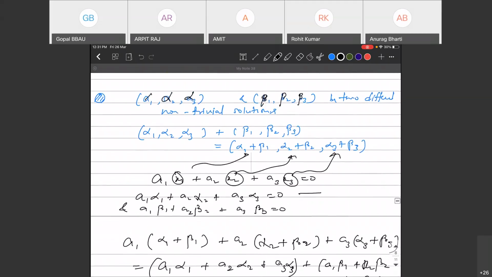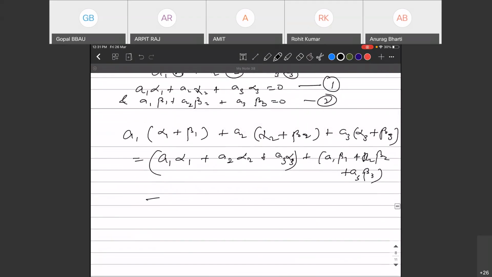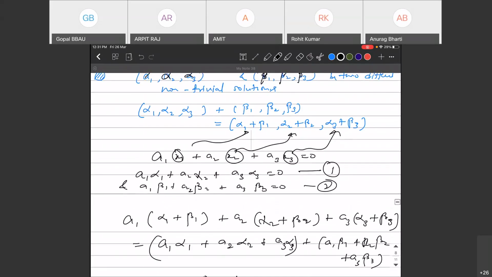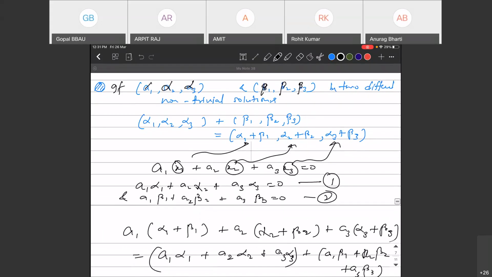From here, this part is 0, this part is 0. So this is 0 plus 0 equal to 0. So what we have seen is if these two are solutions, then their sum is again a solution.